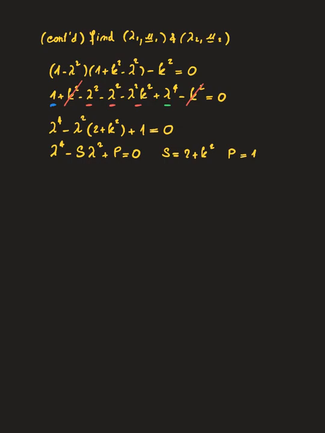So this means that the two roots, lambda 1 squared and lambda 2 squared, are such that the sum of lambda 1 squared and lambda 2 squared is equal to 2 plus k squared, and the product lambda 1 squared lambda 2 squared is equal to 1. Now the latter essentially means that lambda 1 lambda 2 is equal to 1.